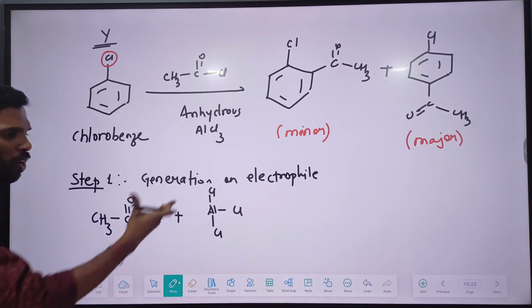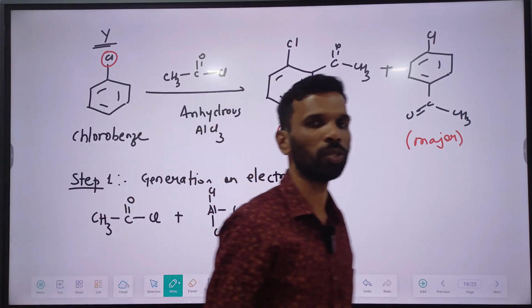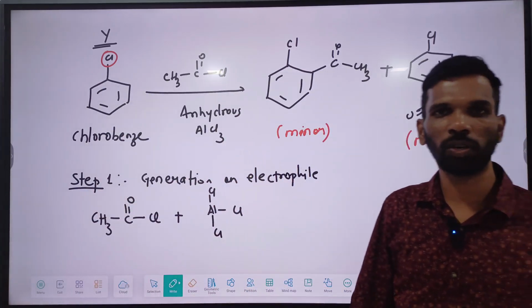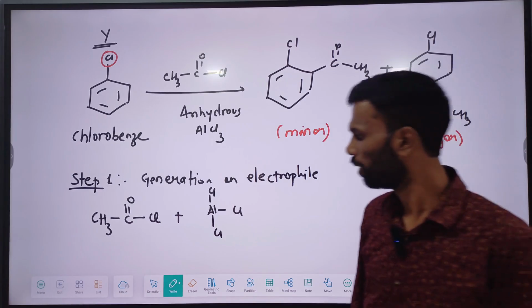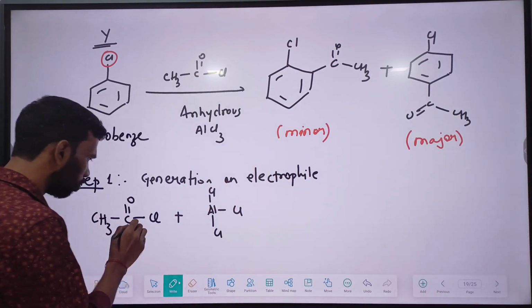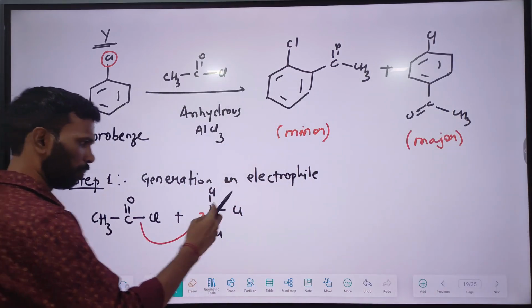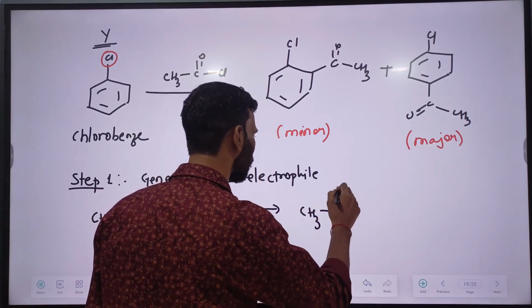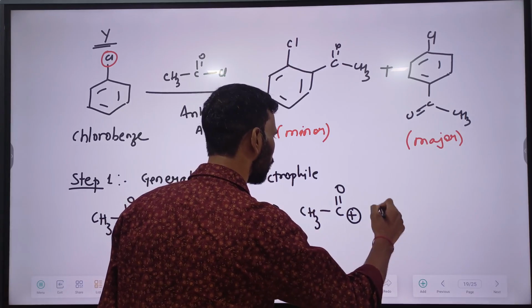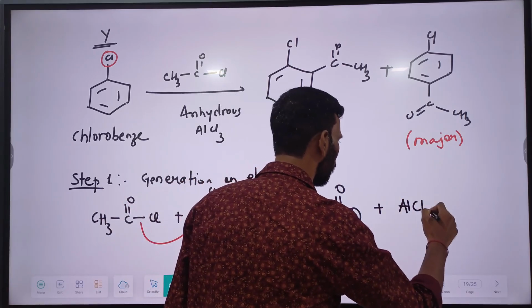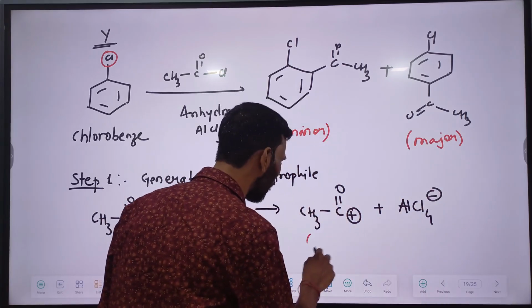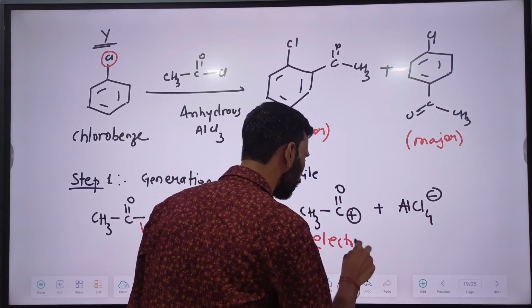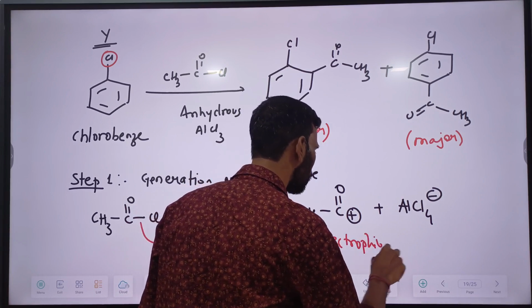It is electron deficient, the octet is not complete. So what you get is the CH3CO acyl group with positive charge, and AlCl4 minus. So this is the electrophile which is generated.